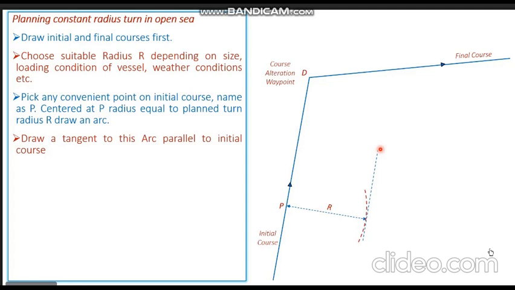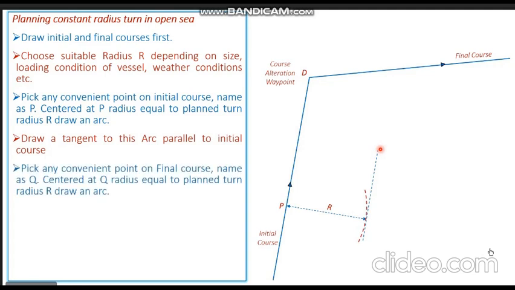You can see the tangent now coming up in the plot. Now the same thing is done on the final course also. We pick up any convenient point on the final course, any convenient point of our choice. Let us assume we pick up this point here, point Q, and we open up our compass equal to the planned radius. Centered at point Q, radius equal to the planned radius, we draw an arc.